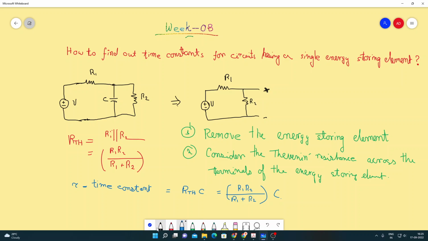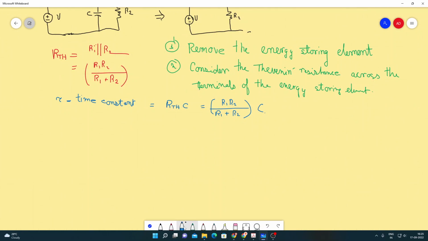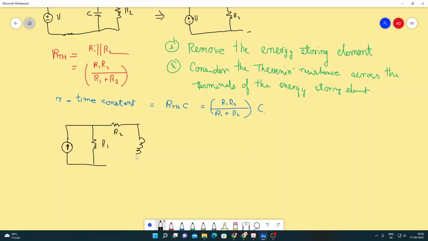Let's now take an example with an inductor as well. Say we have a current source, R1, R2 and an inductor, that is L. Now this is I. So the first rule is to remove the energy storage element.